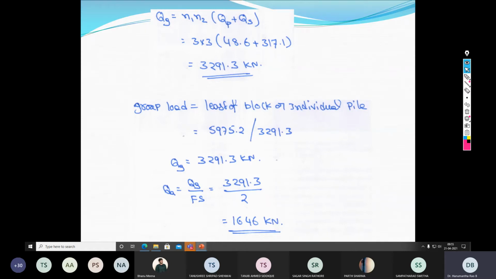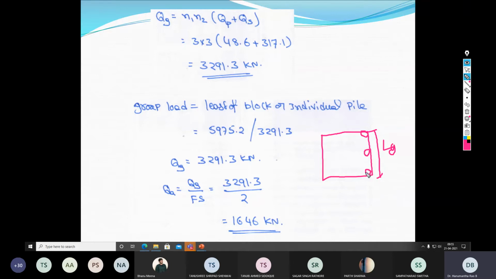And also try to understand. Say for example, this is the block failure mode. So here the concrete is very small. Suppose if you look at the overall length of the pile group, out of the total length, the concrete material is very minimum, because this is only pile diameter, pile diameter, pile diameter.